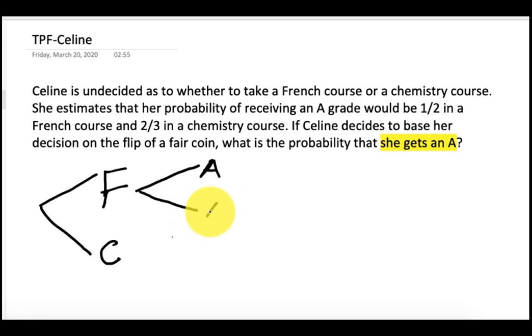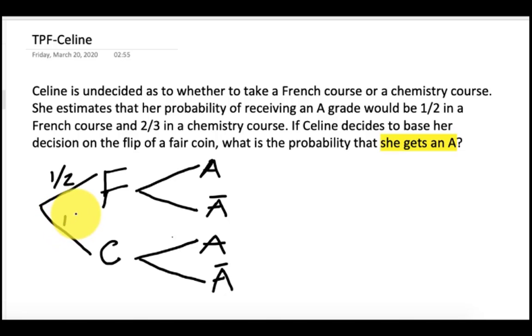Then I will denote by A the event that she gets an A, and A bar is the event that she cannot get an A. The probability that she takes a French course is 1/2, and the same for the other course. In a French course, the chance that she gets an A is 1/2, and in a chemistry course, that chance is 2/3. Now we want to find the probability that she gets an A.